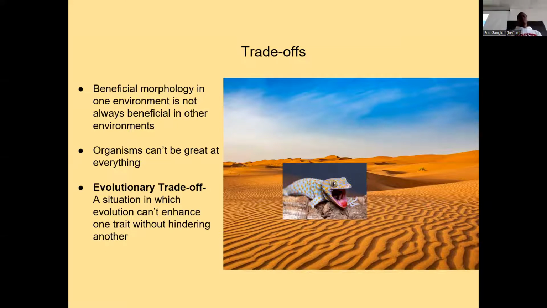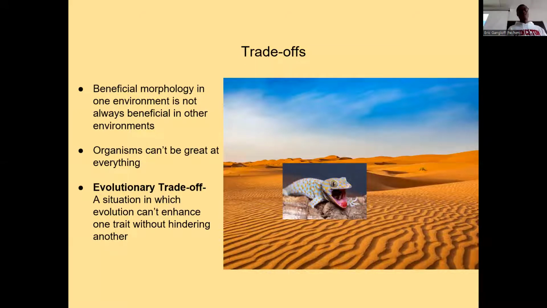So beneficial morphology in one environment is not always beneficial in other environments. For instance, if we were to take a polar bear, right? Its morphology is very beneficial in the areas that it lives in, but if you move that polar bear to like the freaking Nevada desert, it won't do well. It will die. Sad polar bear.